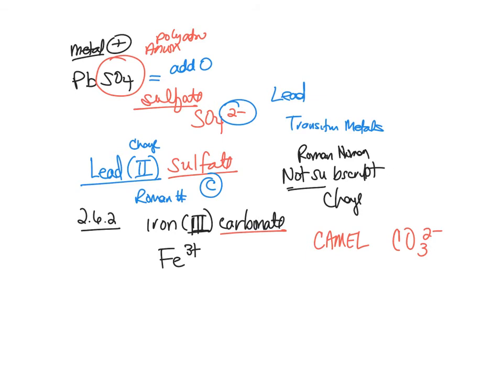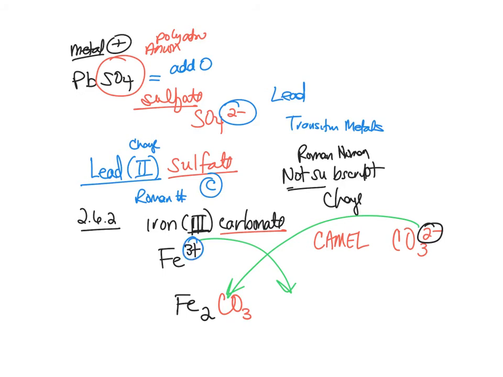Now you want to do a crossover because it wants the symbol. So you do Fe, and this is a 2, so we're going to need 2 of those. Then carbonate is CO3, and we're going to need 3 of those. And when you need more than one of your polyatomic ions, write these down, these are your rules, then you need parentheses.